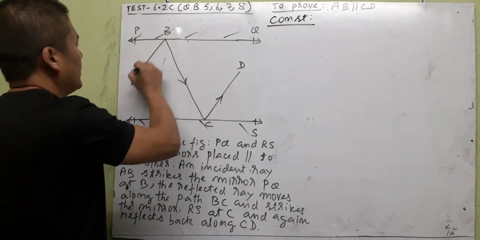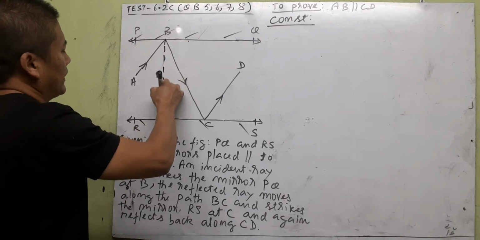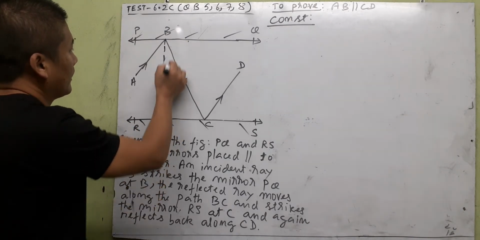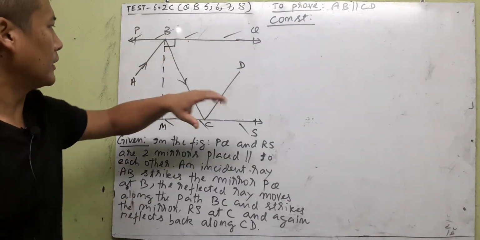This point B where the incident ray strikes is called point of incidence. From there we draw a normal, let us say BM, perpendicular to first mirror PQ. That is called normal.